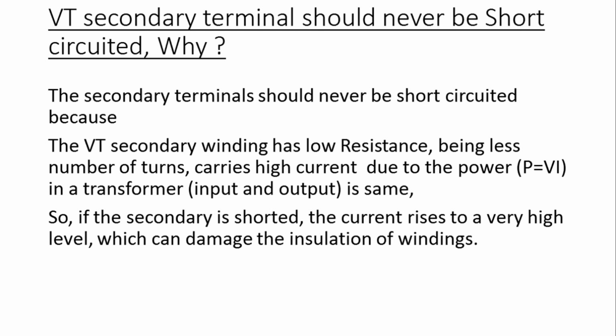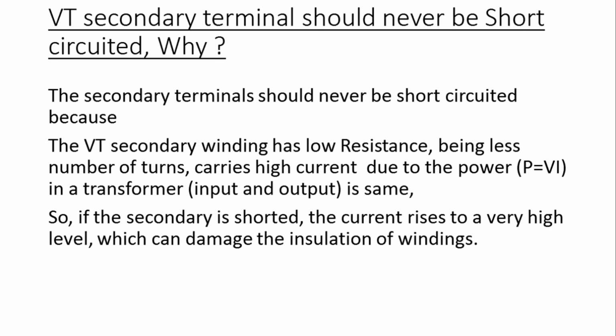So if the secondary is shorted, the current rises to a very high level, which can damage the insulation of windings. Hope you have understood the reason why VT secondary should never be short circuited. If you still have any doubt on this or any part which we have discussed so far, then write your question in the comment section. Either I will clear your doubts in the comment section or will make another video on that topic.